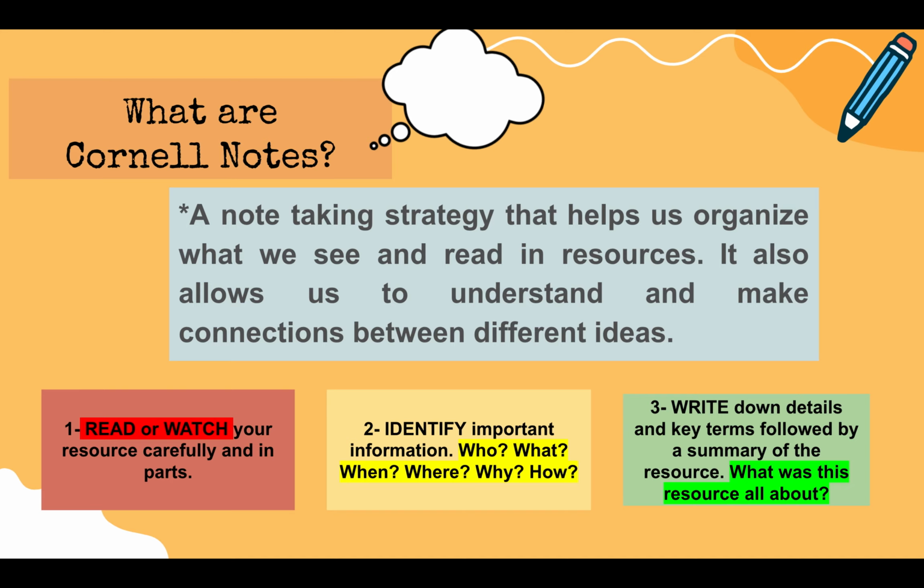So I'm giving myself time to think about what I just saw and processing those ideas. 2, I need to identify important information such as who, what, when, where, why, and how. So when you're analyzing a resource, always remember the 5 W's and an H. And finally, we need to write down details and key terms followed by a summary of the resource. Basically, you'll be answering, what was this resource all about?